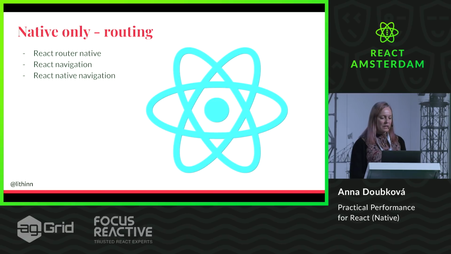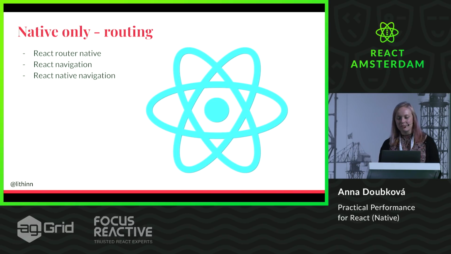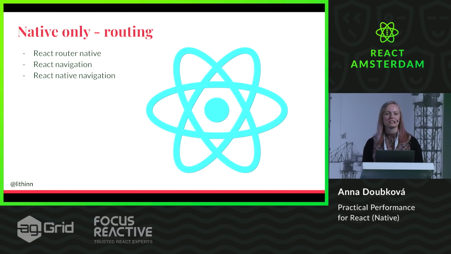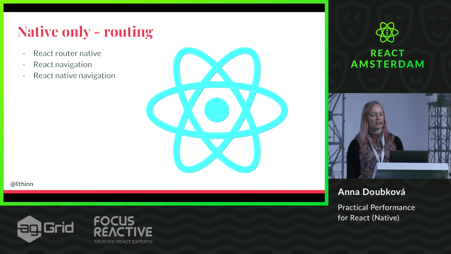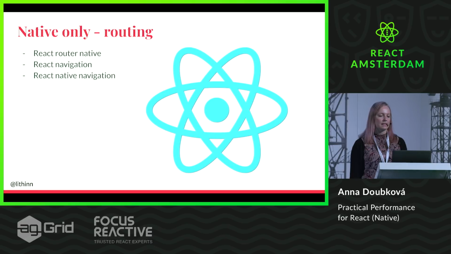One last thing that we actually struggled an insane amount with was routing. As we came from web, we decided to use React Router Native. And that was a horrible mistake, at least in our case, because it essentially is using JavaScript to do all of this, the animations, the change of state, and it was slow. As we have seen, the JavaScript thread is already struggling the way it is without navigating.